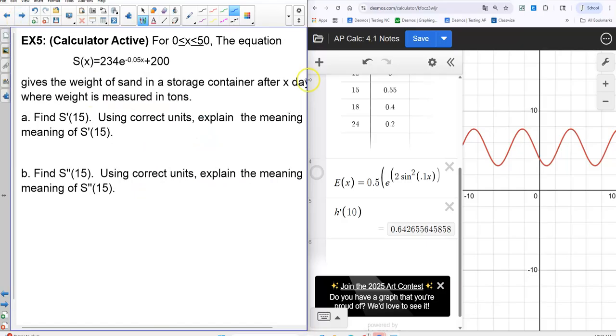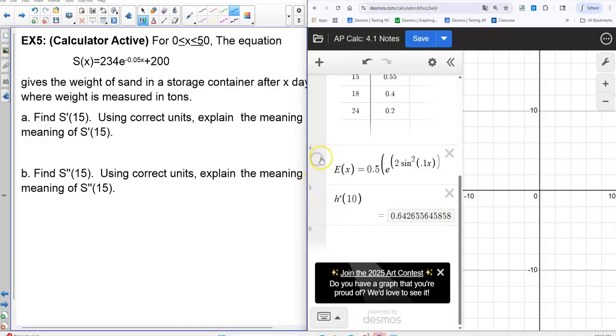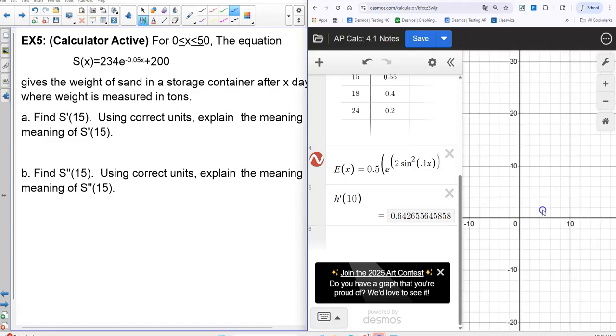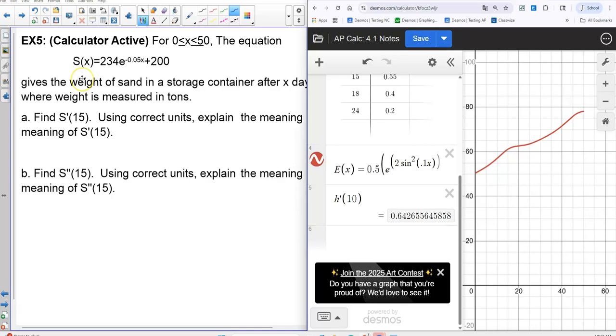All right, so here is our next calculator active problem that I have also put in here. It's way up here, but it's okay that we see it. So for this equation, we've got S of x equals this crazy stuff.